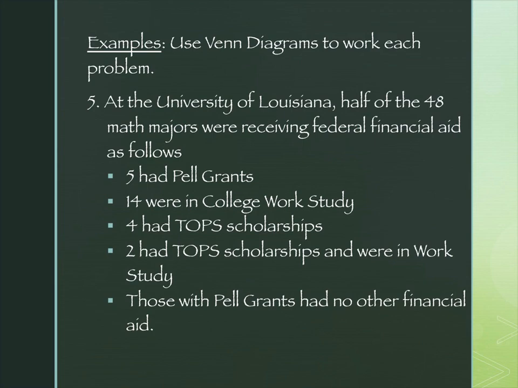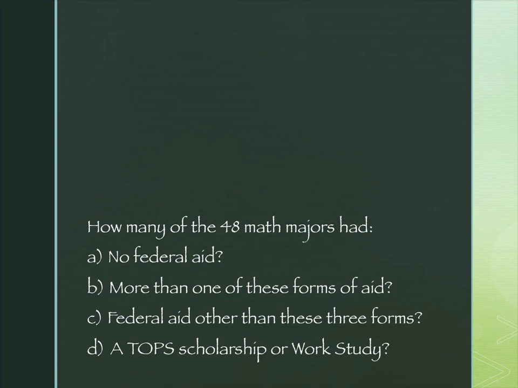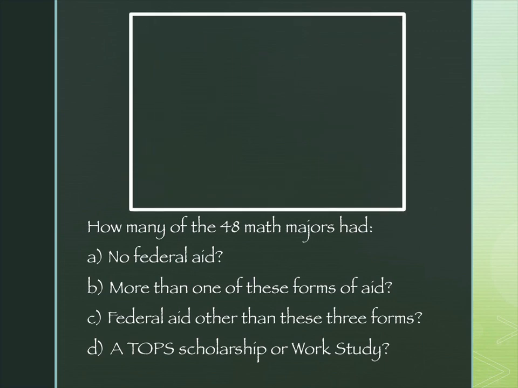Okay? Issue number 1 for us to decide anytime we're given one of these word problems is how many circles am I drawing? 3. Okay? So I don't have a whole lot of space on this one, so I'm going to keep having to flip back and forth on this to get all my diagram drawn in. But yes, I'm going to have 3 circles.